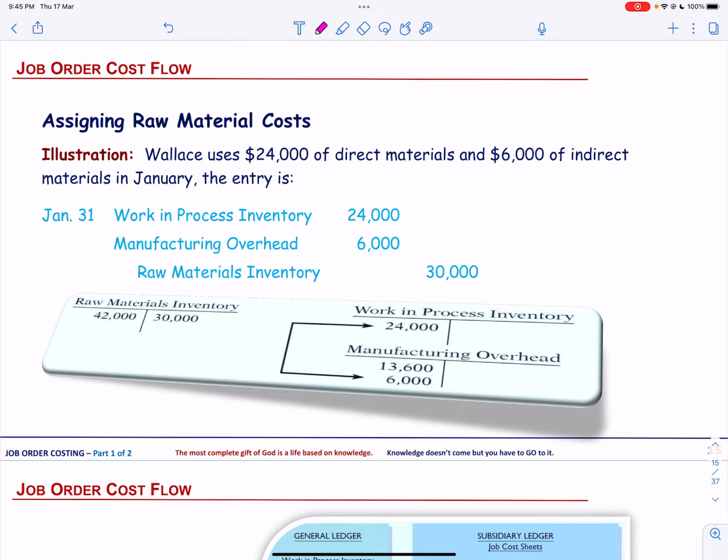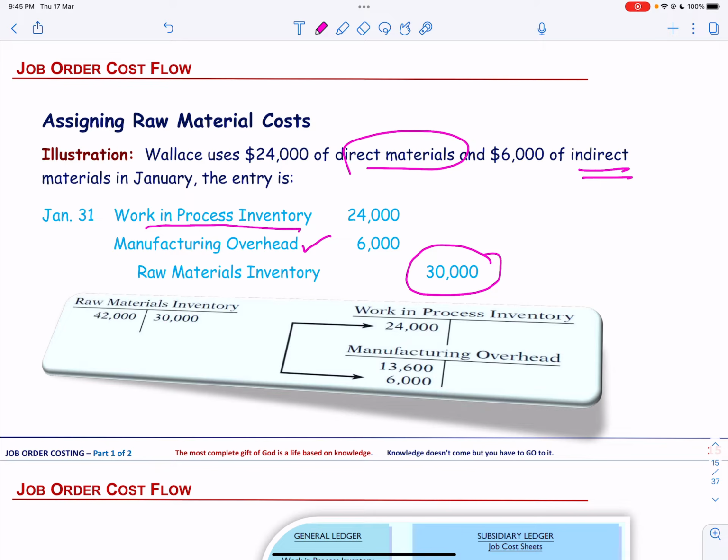Wallace uses 24,000 of direct material and 6,000 of indirect material in January. Now, direct material will be debited to work in process inventory, and the indirect material will be recorded for manufacturing overhead. And raw material inventory is credited by 30,000.